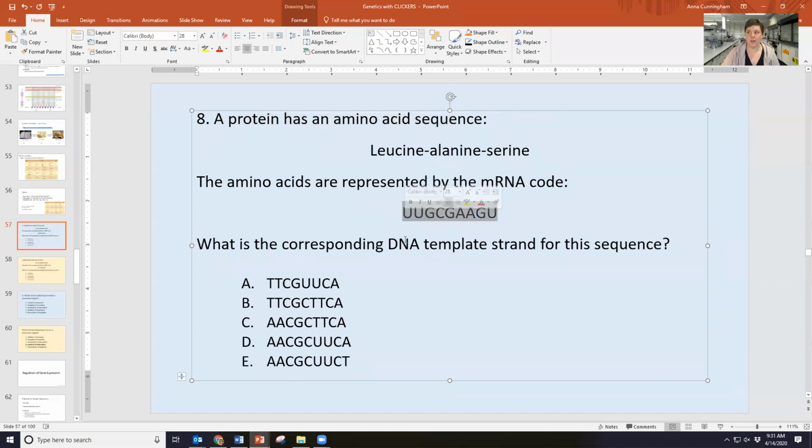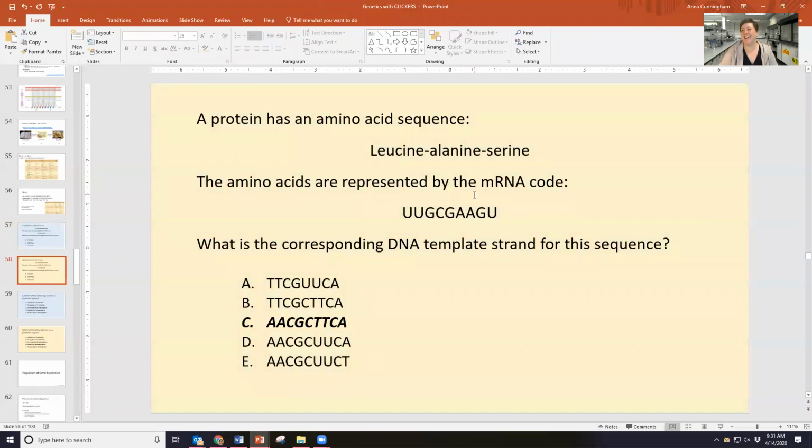In order to do that, you have to know that RNA has U instead of T. So this would mean A, C, right? So that's going to be one of those, G, C, T, G, C, T. We already got it right here. All right, let's see if I'm right.